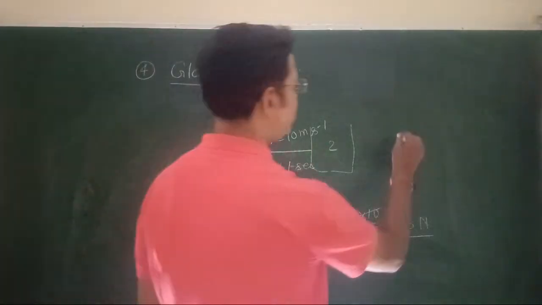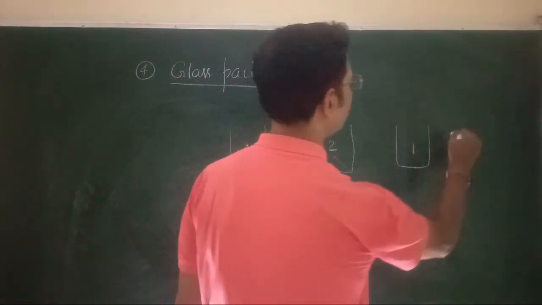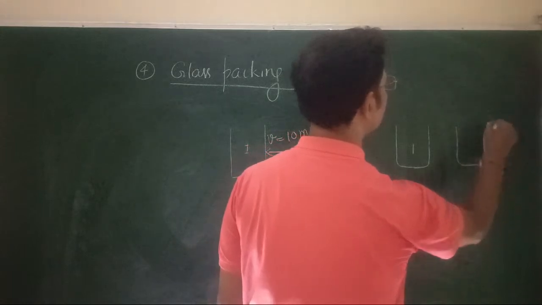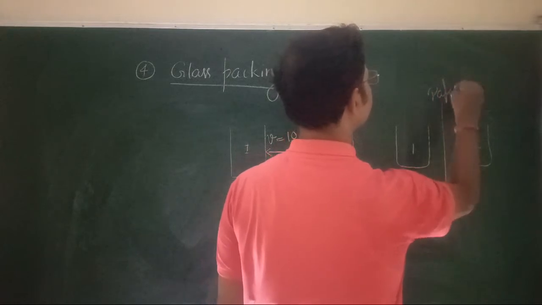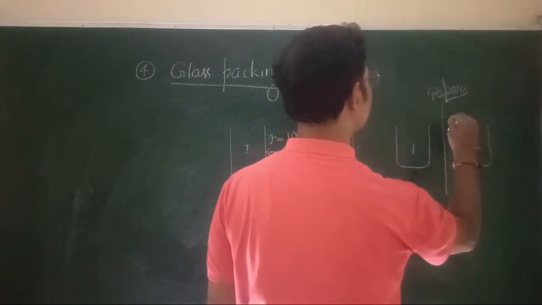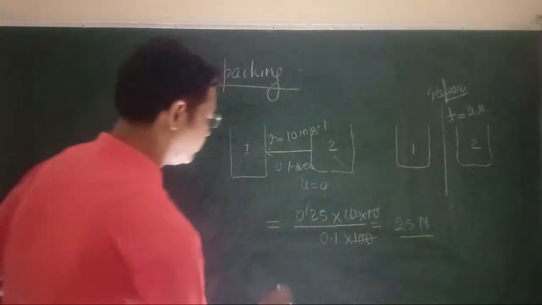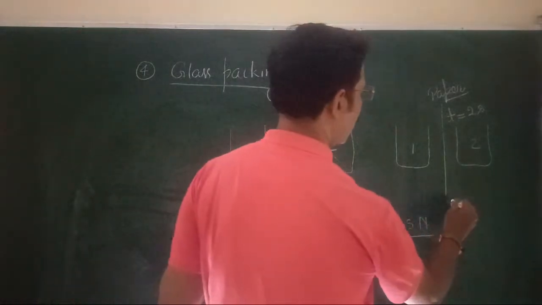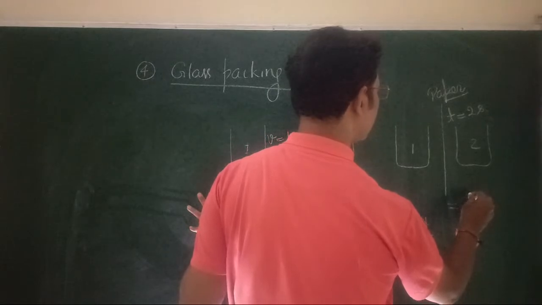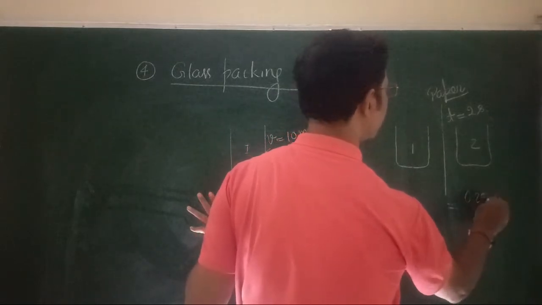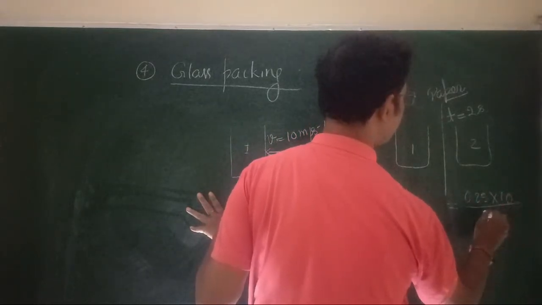So if you are packing two glasses, glass 1 and glass 2, with paper, then it takes more time in the collision, suppose 2 seconds. So in this case, how much force acts here? The mass is 0.25 kg, velocity is 10 meter per second, time taken is 2 seconds.